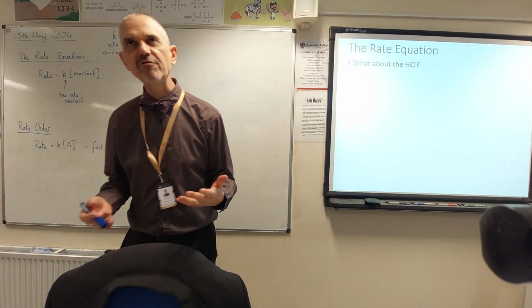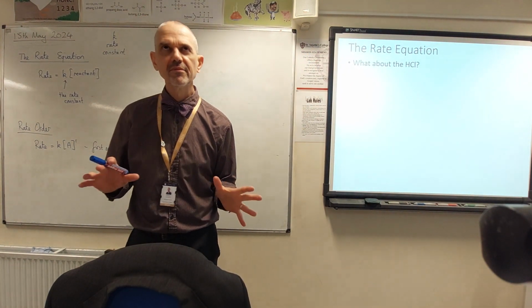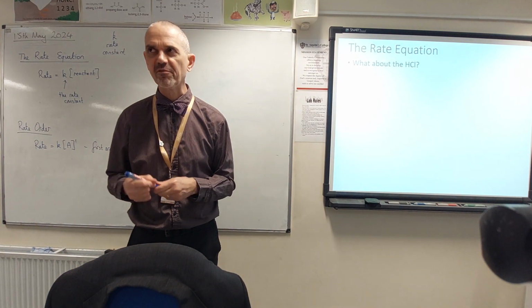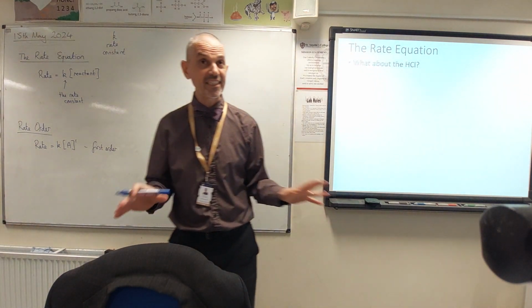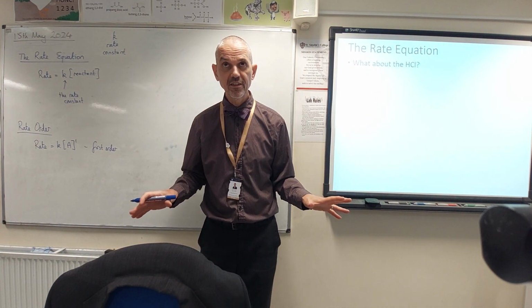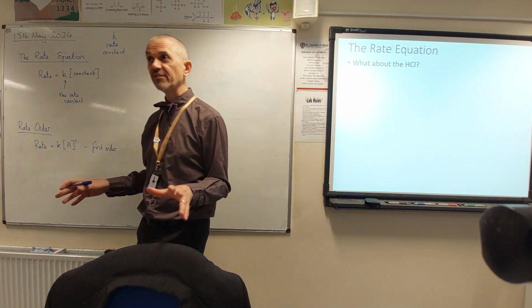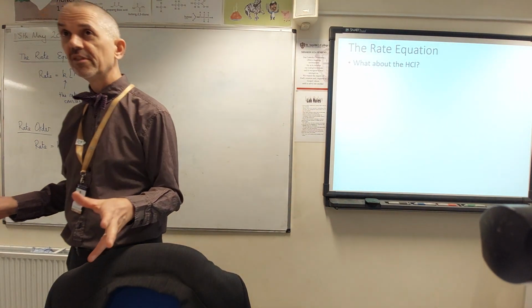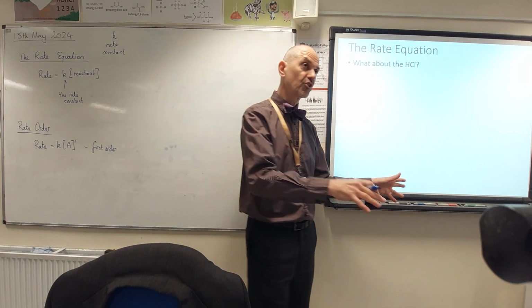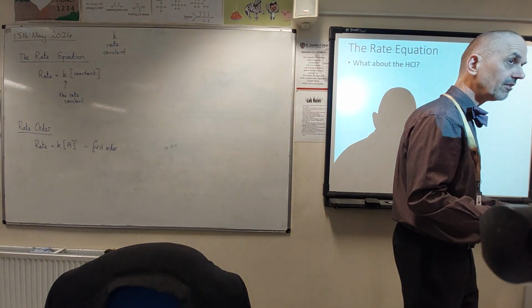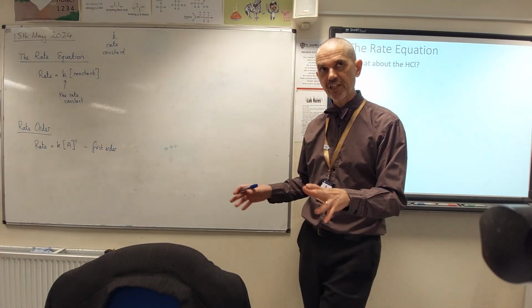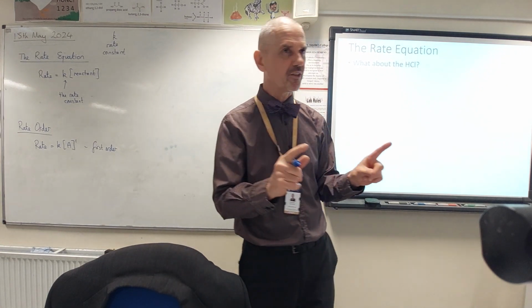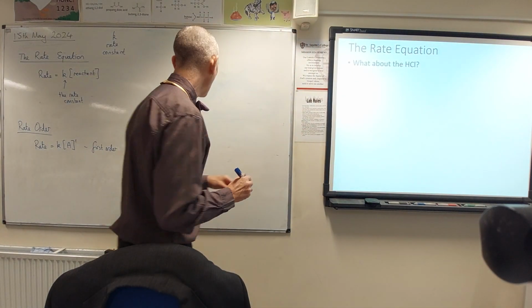Let's do a bit of kind of clever experimenting now. We're going to do the same experiment, disappearing cross, but we're going to change the concentration of HCl this time. So we'll keep concentration of thiosulfate constant, just change the concentration of HCl. But we're going to do it in kind of an interesting way.